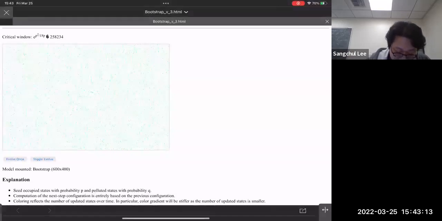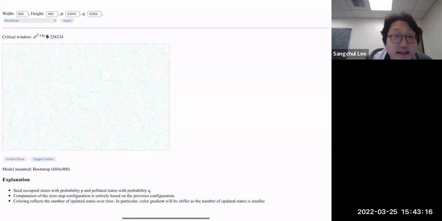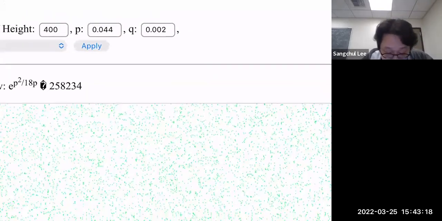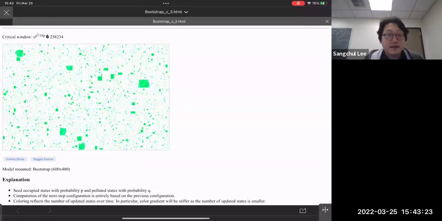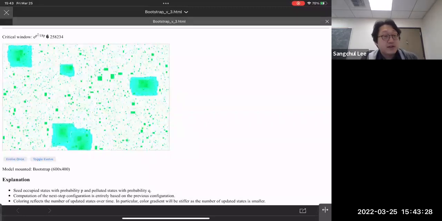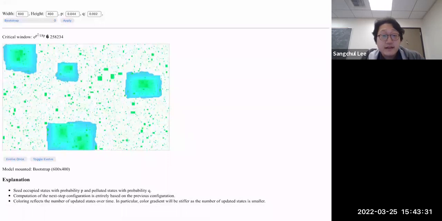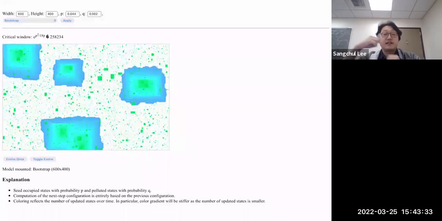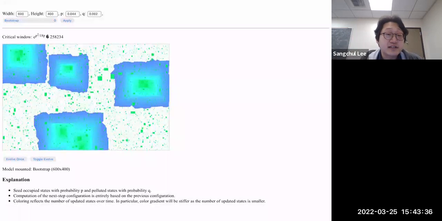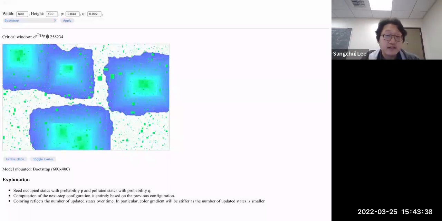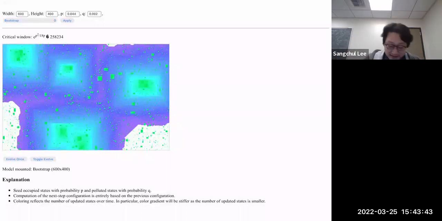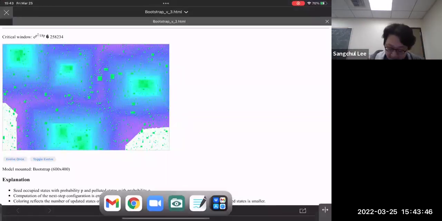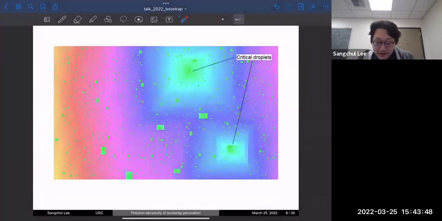I think the initial density here is 0.044 on a 600 by 400 grid, and if I run this evolution, you see some parts of the grid grow by first merging adjacent small clusters, but eventually they grow almost in a square way.